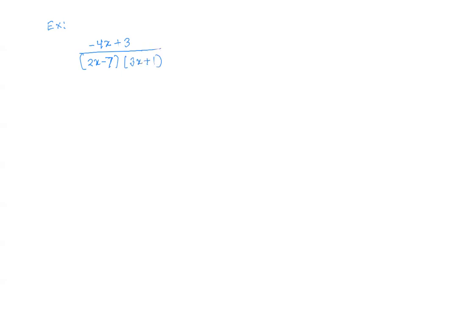All right, we want to make it a partial fraction, so I'm going to leave this blank. You want to write it as something over 2x minus 7 plus something else over 3x plus 1, and we are going to find the somethings.